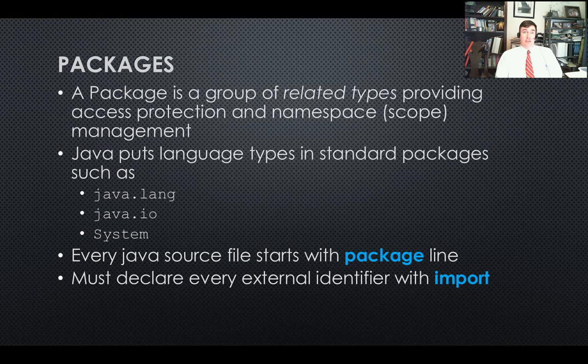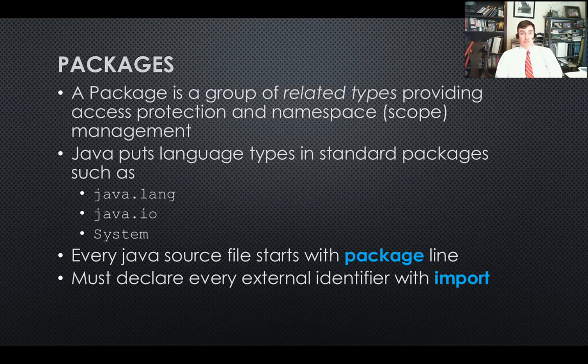But in short, it allows you to have multiple classes with the same name. For example, the Java library that we use for FRC has a class called timer, but the Java utilities that come with the language also have a class called timer. We can do that because they're placed in different packages, which means they're in a different namespace. They have a different scope. So there's a java.util.timer, and there's a wpi.libj.something or another .timer.